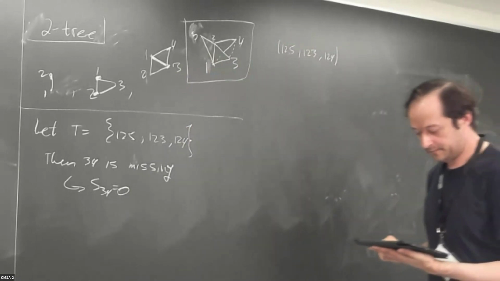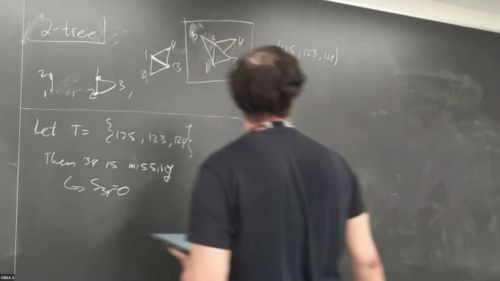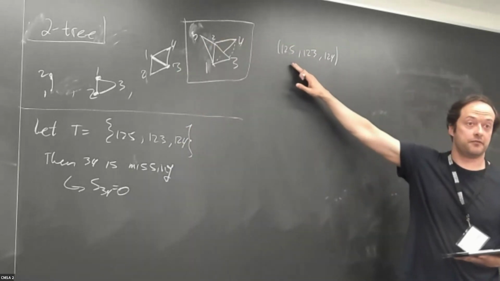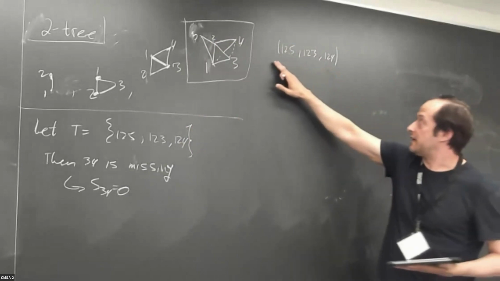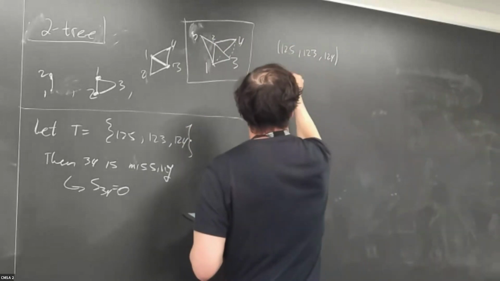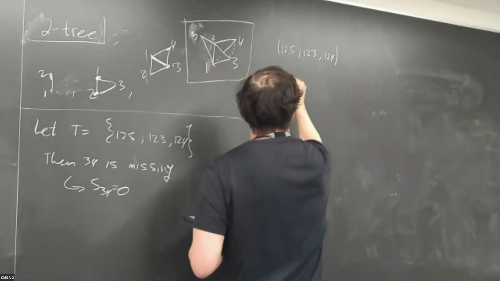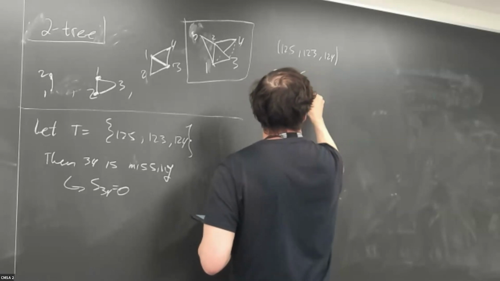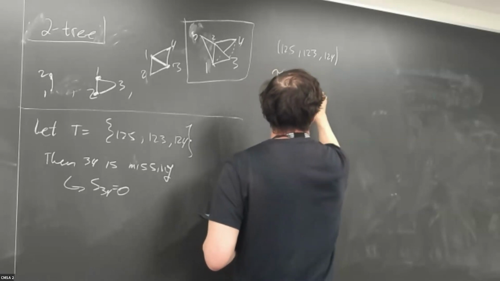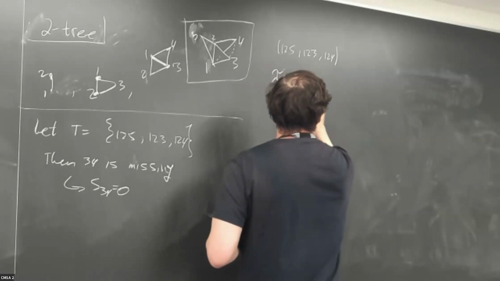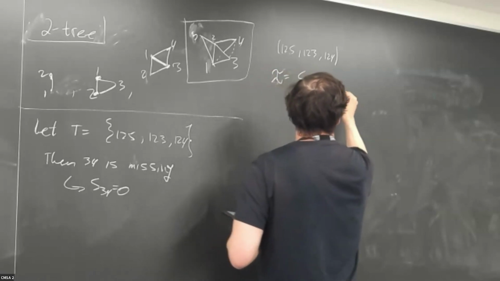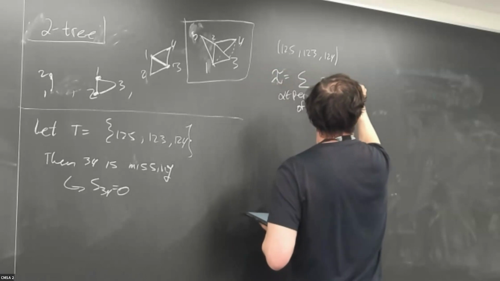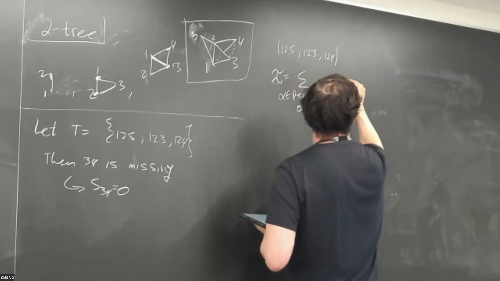In this case, we can see the cyclic extensions of this very easily. We take the particular factor sum over all permutations of 3, 4, 5 of alpha.